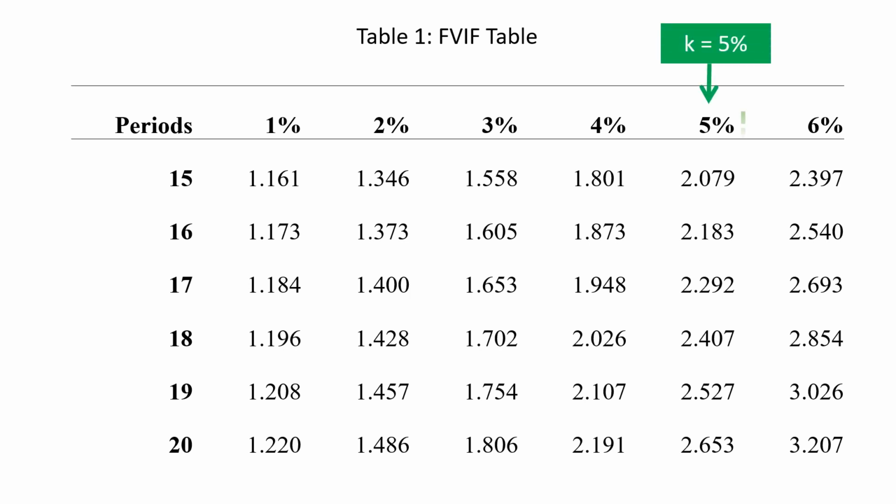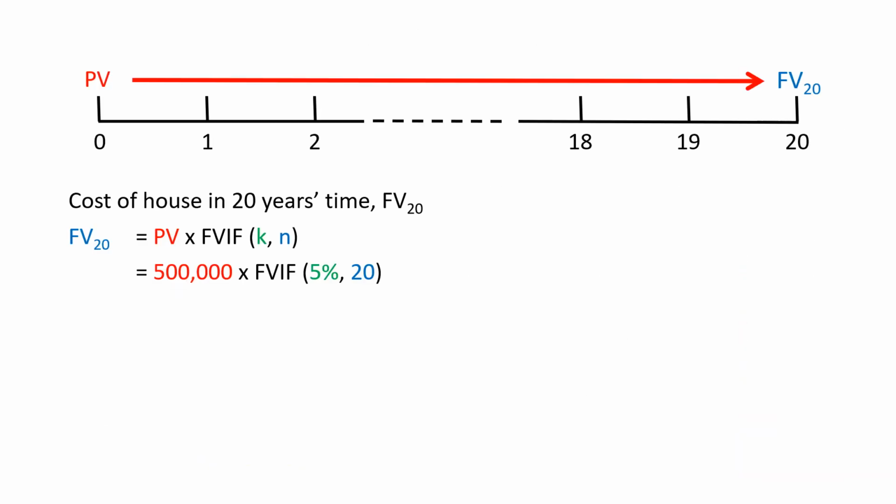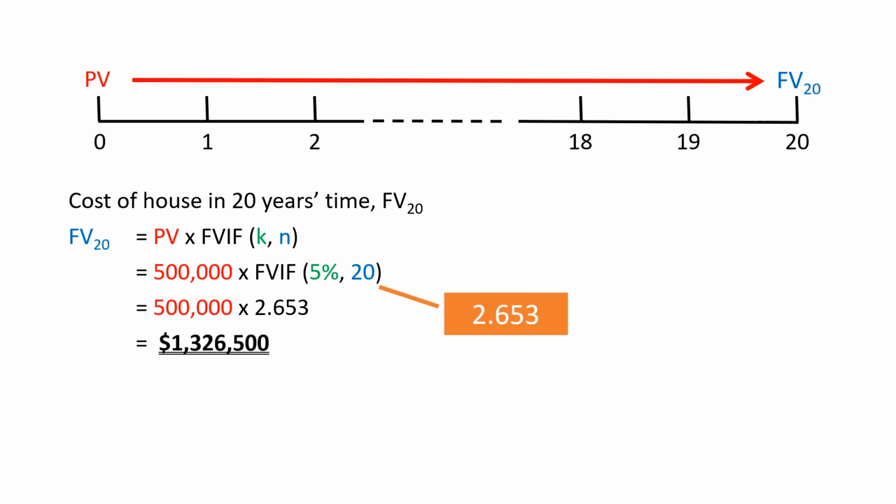We know K and N. The intersection is the answer. Substitute the answer from the table and find the future value.